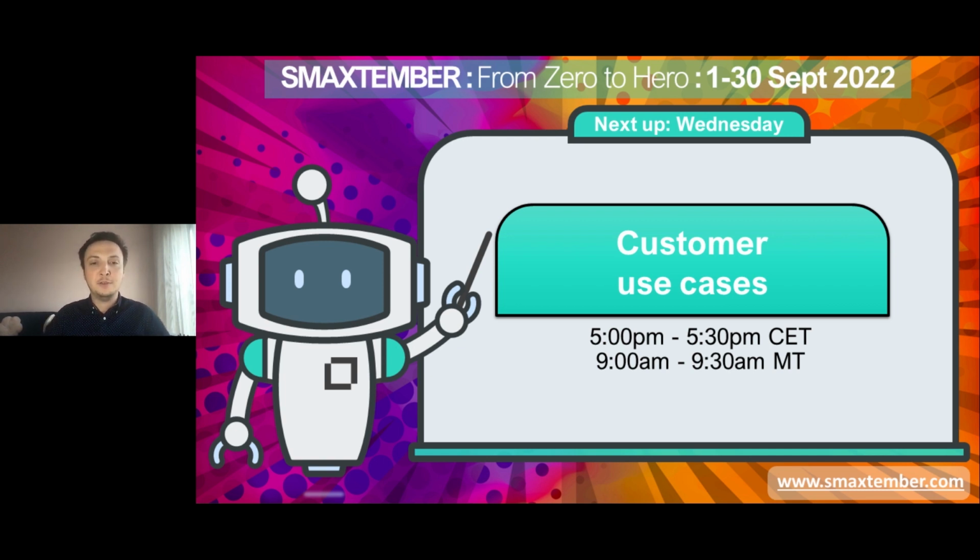We will have Alex talking about how we can save cloud costs using automation. So if you are interested in learning more about hybrid cloud management and how automation is doing important work in hybrid cloud management, please join us on Thursday as well.